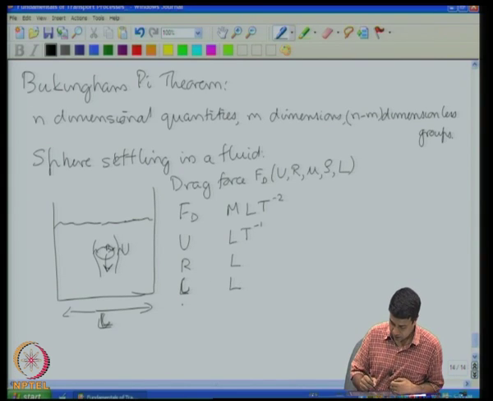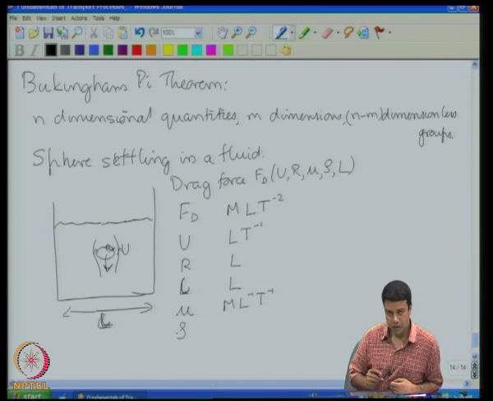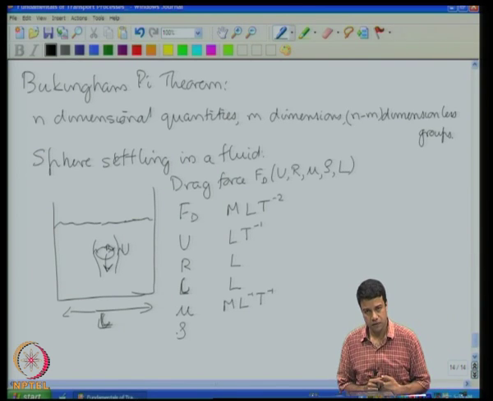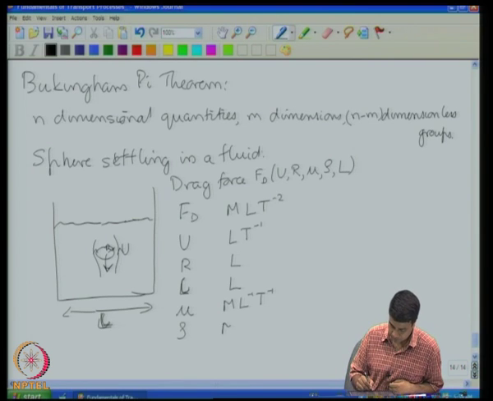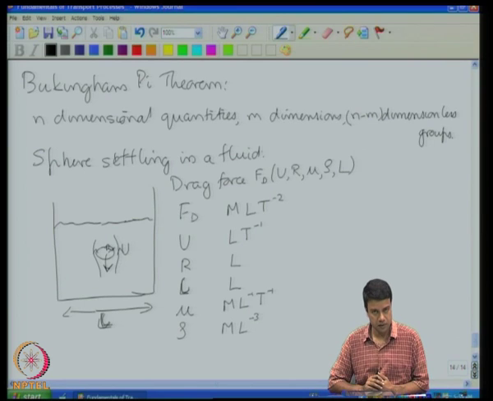The coefficient of viscosity, we just determined, is m L inverse T inverse. And the density is mass of fluid per unit volume, that is m L power minus 3. So these are the dimensional quantities.